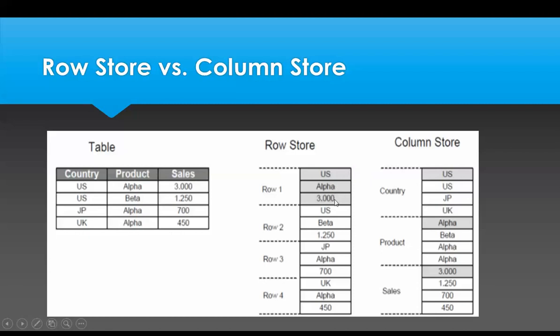Whereas in case of row store, if you have to work on this country column, then first you'll have to find this US, then you'll have to jump from here, and for every column value you'll have to jump to a different memory location. Whereas in this case these are in contiguous memory locations, so it's faster.